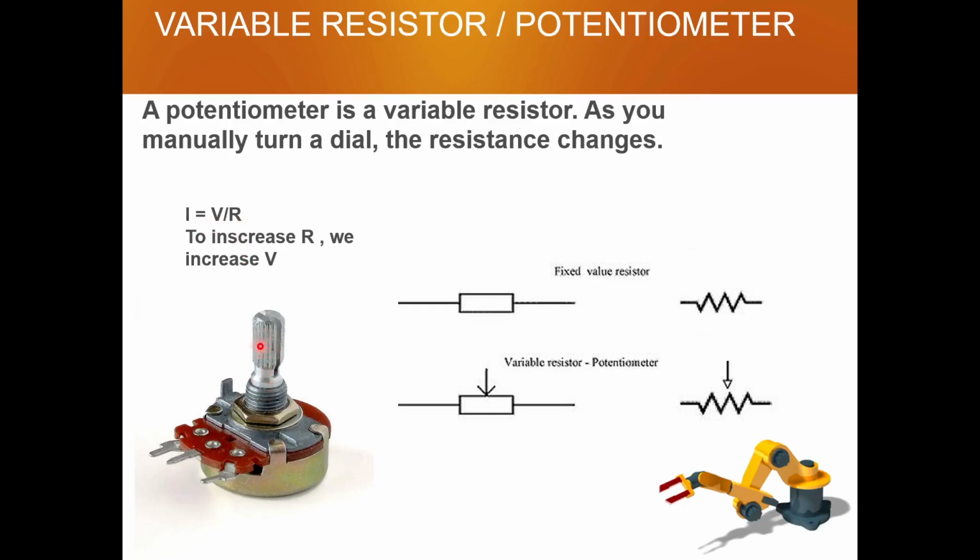So we can rotate this knob. By rotating the knob, we'll be moving this arrow point, and this will decide the amount of current that is passing through. Since we are able to change the resistance, this is called a variable resistor or potentiometer.